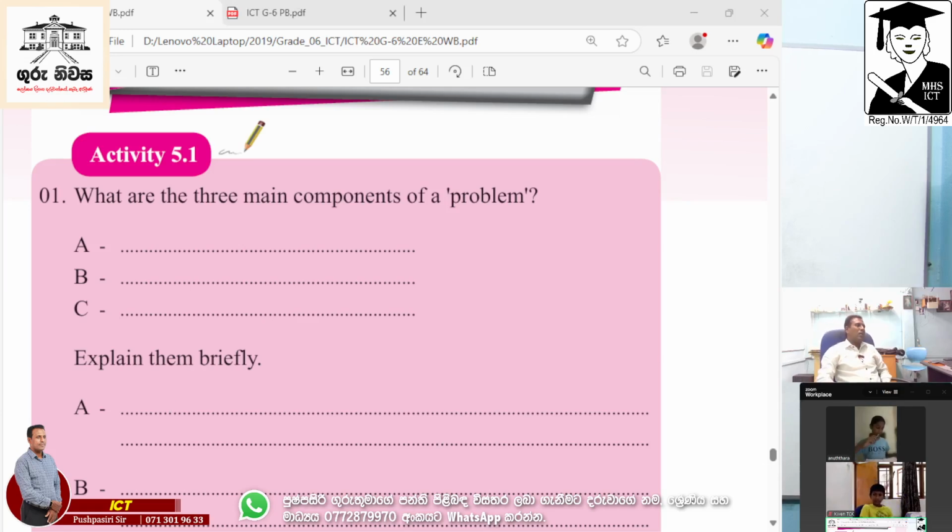Right. What are the three main components of a problem? Right, Anutara, what is the answer for that? Input, processing, output. Is it correct, Kevin? Yes, sir, it's correct. Second one, explain them briefly.